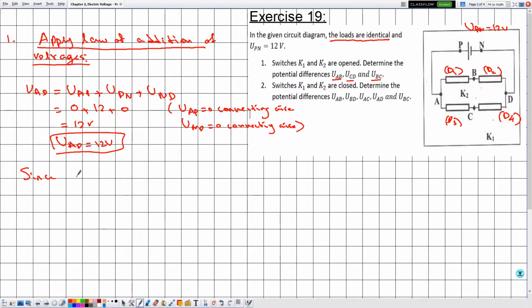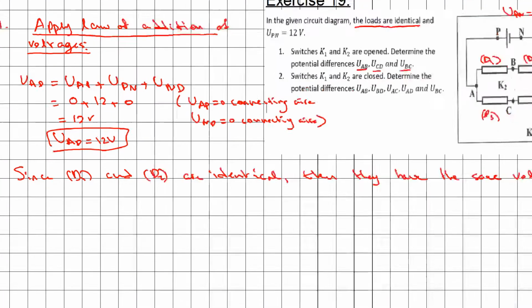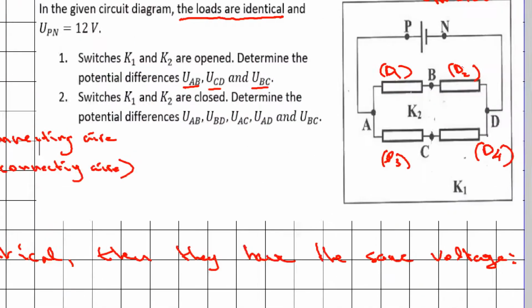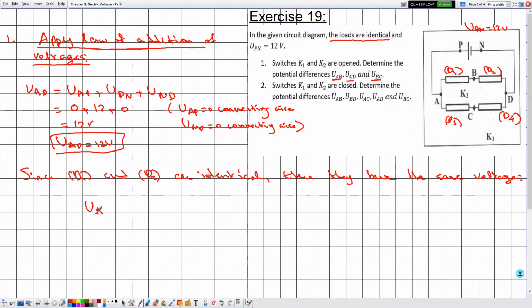Since D1 and D2 are identical, then they have the same voltage, which means that, so how do we translate this statement into mathematical formulation? What's the voltage across the loads D1 and D2? They are given by UAB, which is equal to the another voltage, which is UBD.